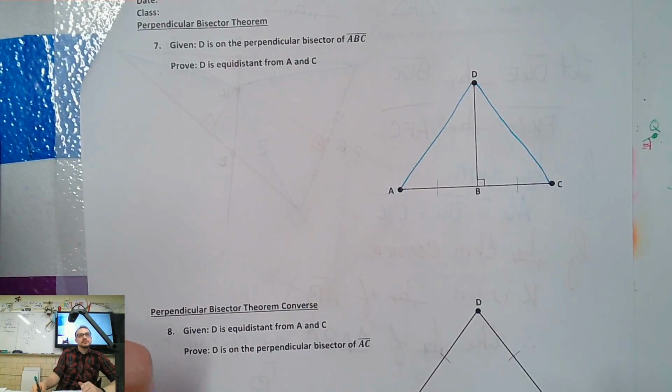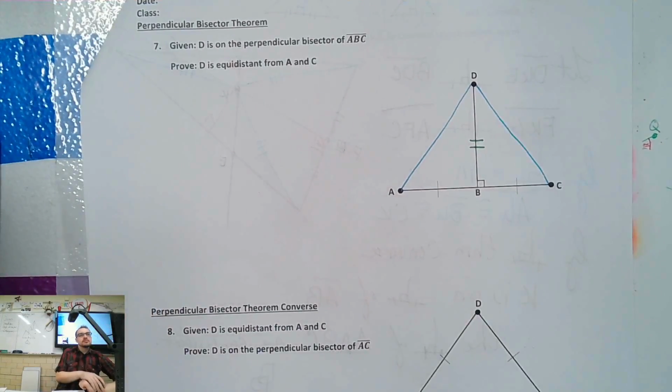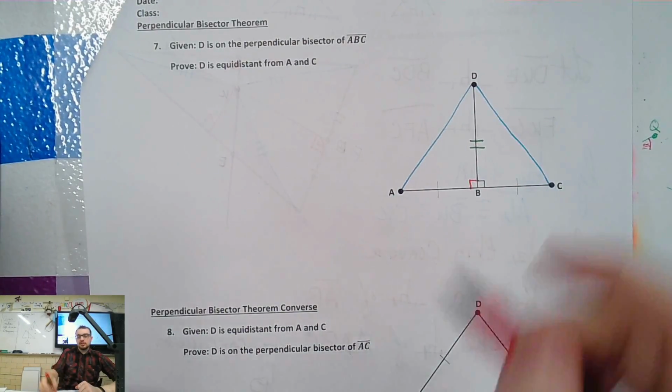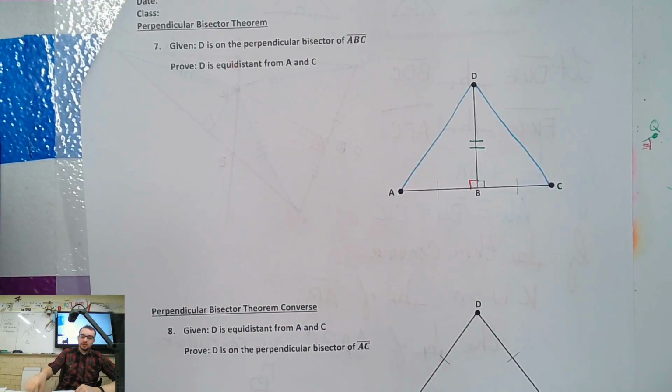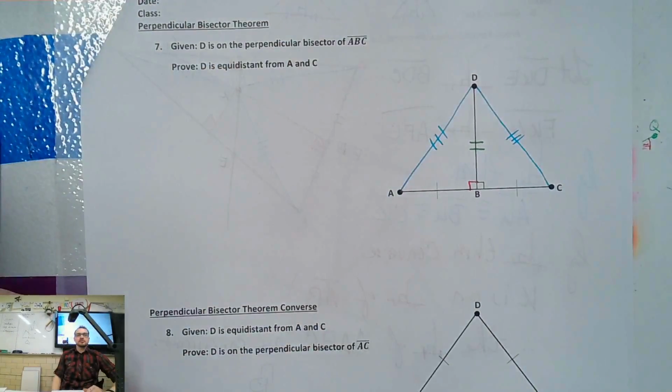Mark. You make like the other side of like the 90-degree angle. Oh, sure. LPT, right? And then you do shared side. Yep, shared side. And now by side angle side, aren't the triangles congruent? And if they're congruent, then these two sides are the same. So by definition, D is equidistant from A and C.